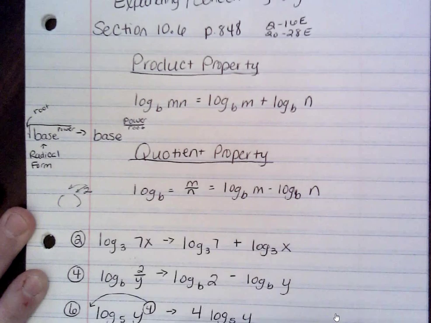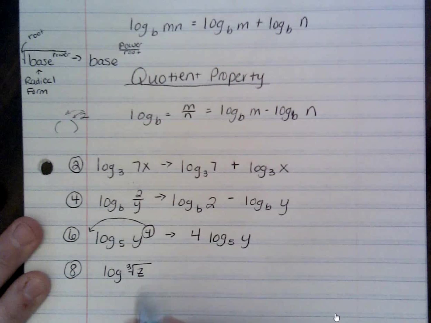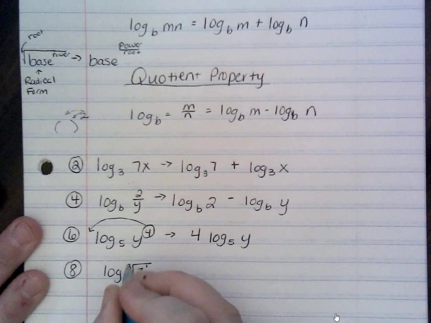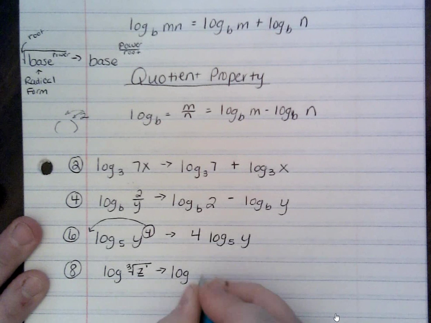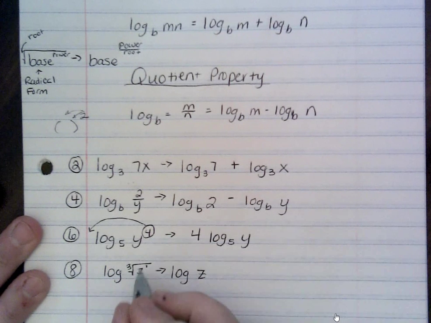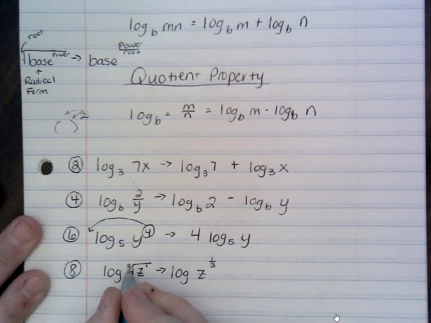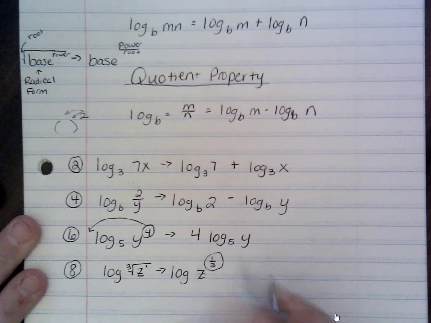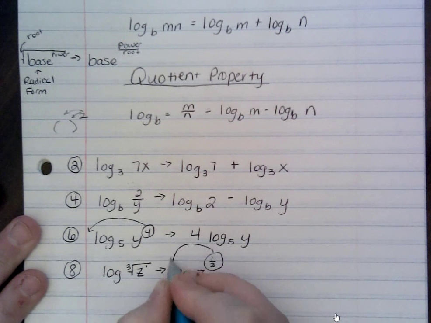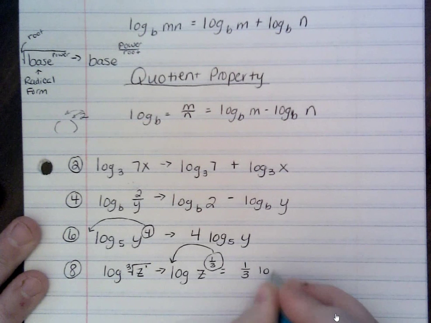On this problem, my power is 1, my root is 3. So to rewrite this, we would have log z to the 1 over 3, power over root. To expand this, we put that 1 over 3 in the front. That would give us 1 over 3 log z.